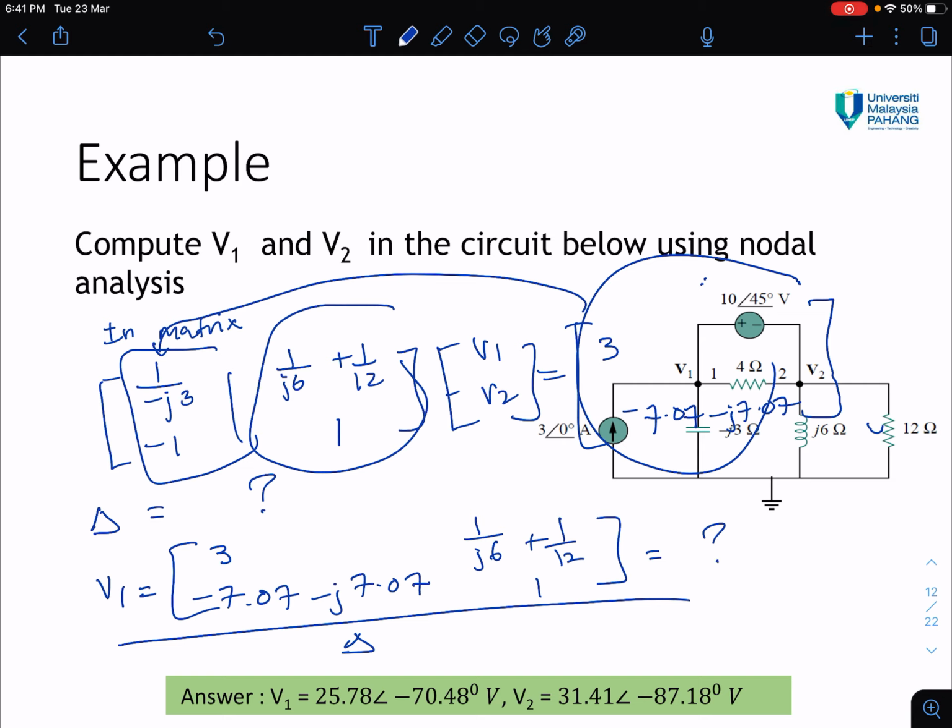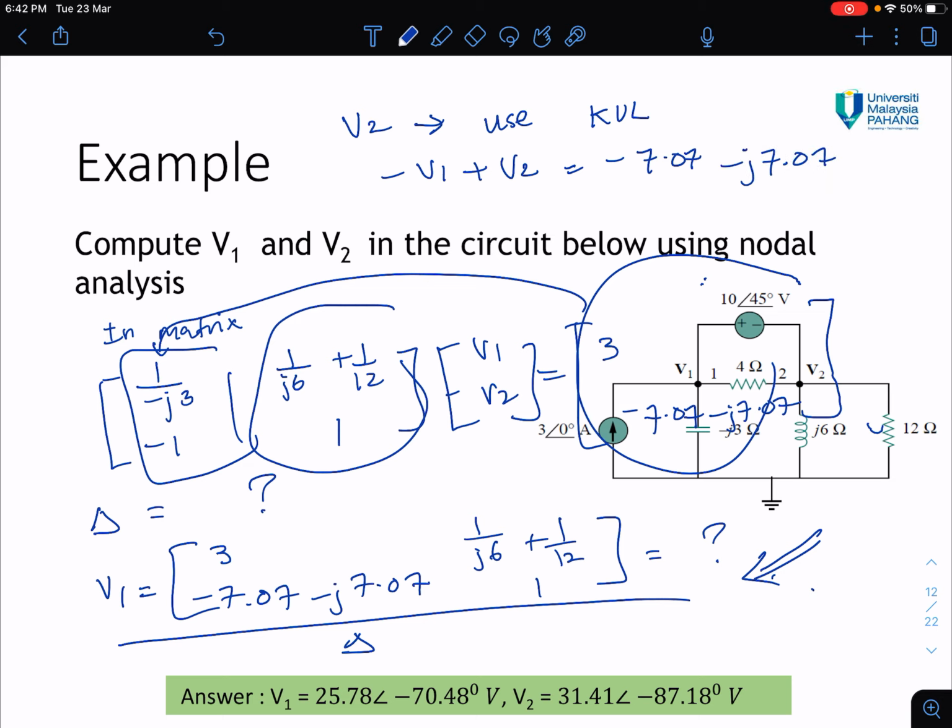It is very simple for V2. For V2 we just use the previous KVL equation. Remember, if you obtain the value of V1 here, we just use minus V1 plus V2 equals minus 7.07 minus j7.07.